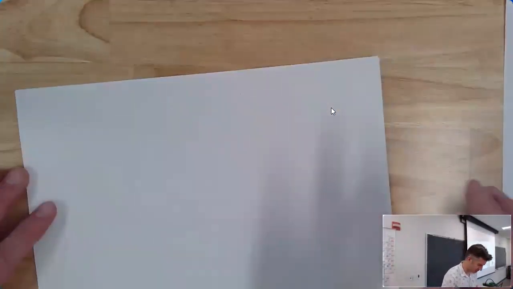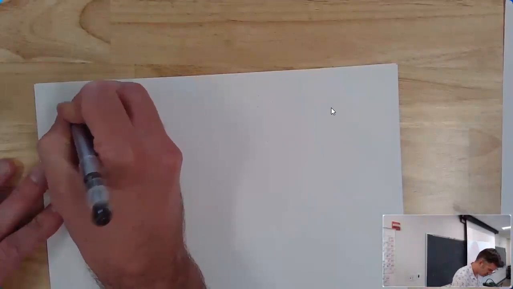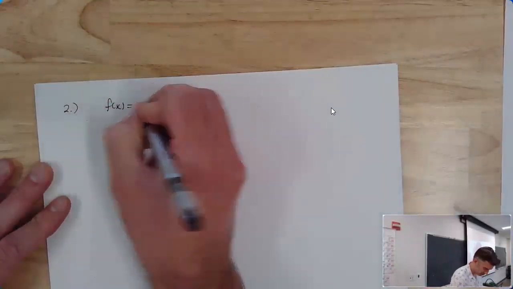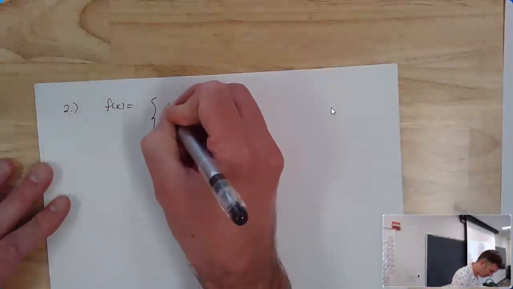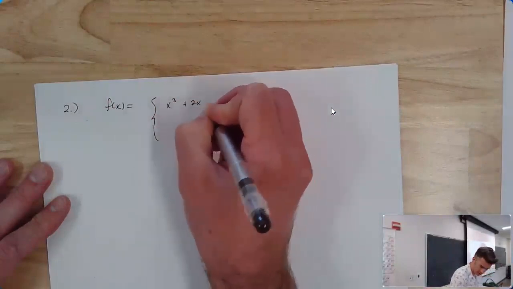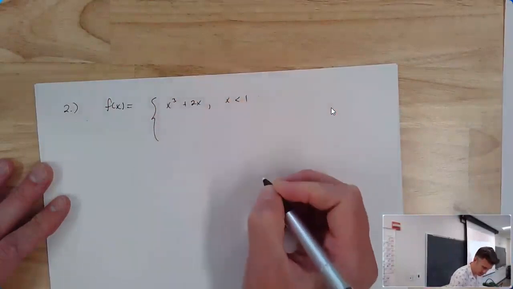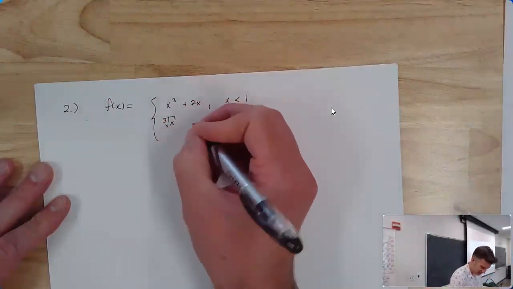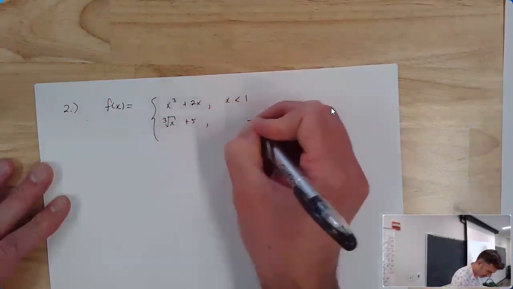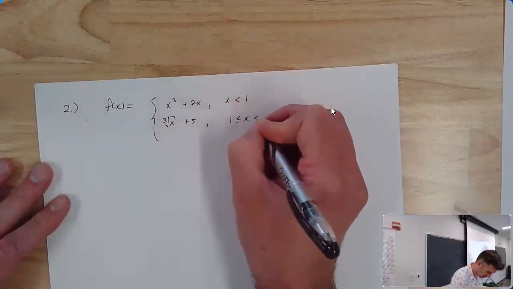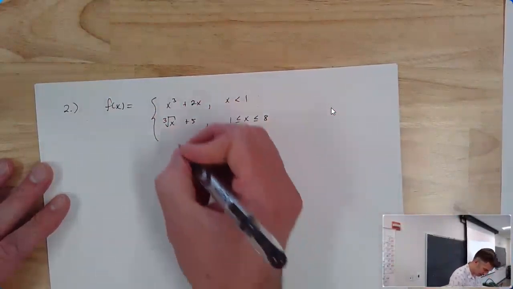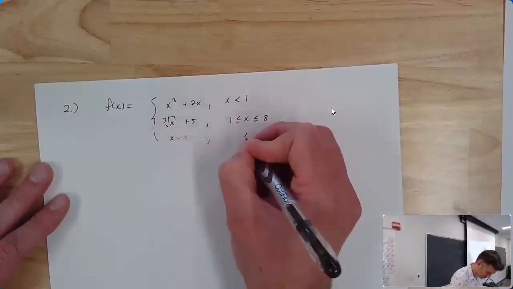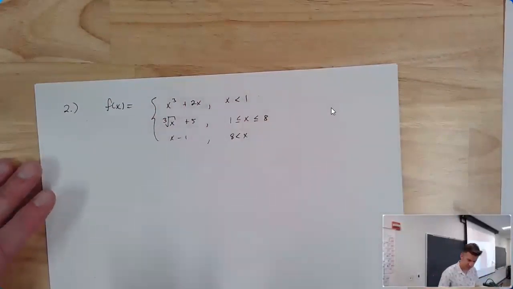So let's look at this next one that we're not going to graph because it's kind of gross. f of x is equal to x cubed plus 2x when x is strictly less than 1, the cube root of x plus 5 when x is bigger than or equal to 1 and less than or equal to 8, and x minus 1 when x is bigger than 8.